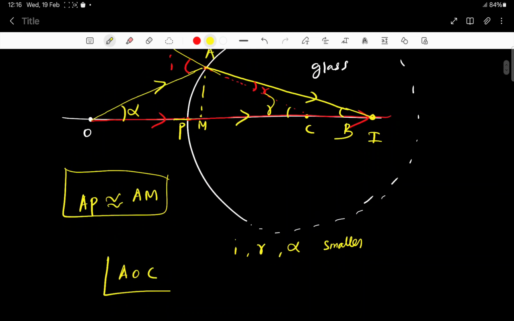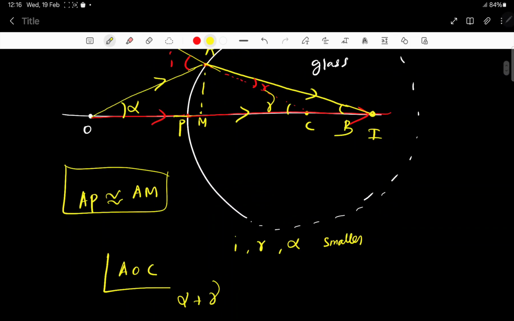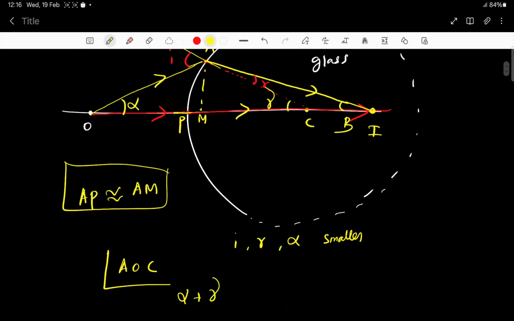From the triangle AOC, you can clearly infer the interior angles are alpha and gamma. It's a property of the triangle: if you sum up the two interior angles, it is equal to the third, exterior angle, which is equal to i.